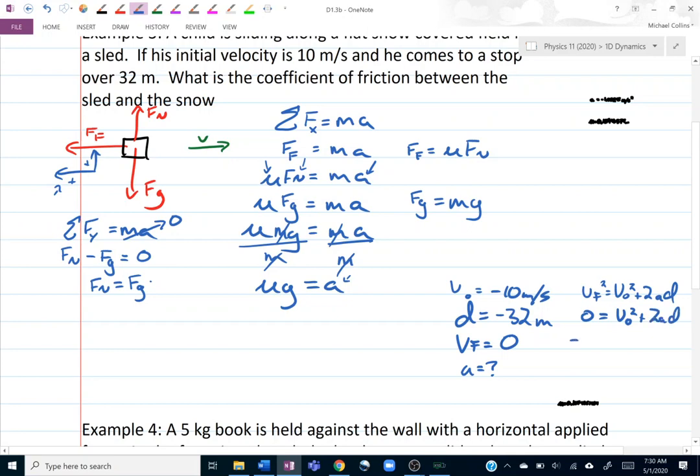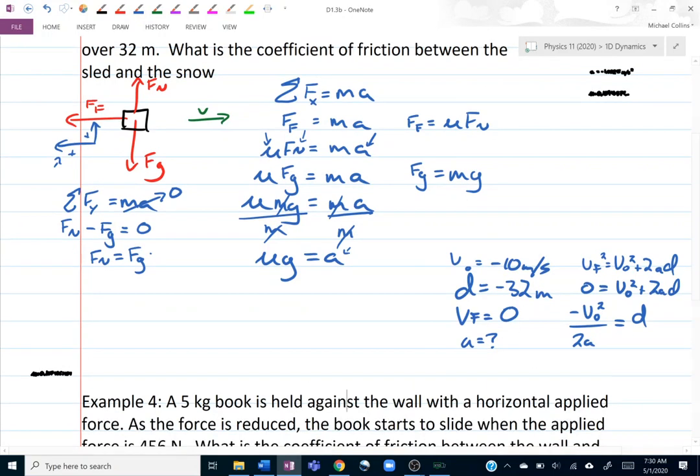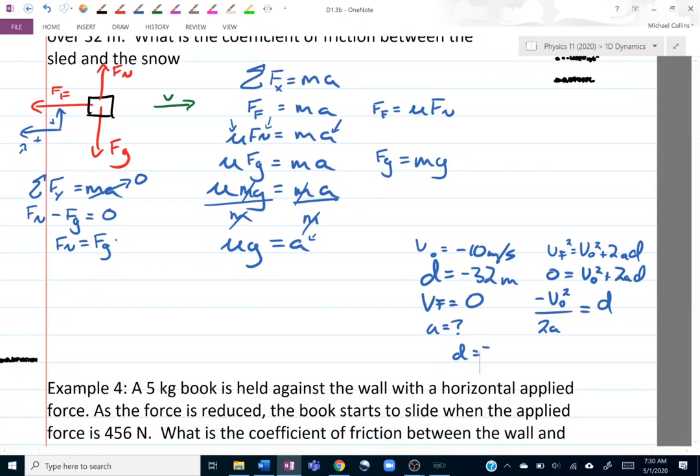If I algebraically rearrange this, I get a negative V naught squared divided by 2A is equal to D. And if I go ahead and substitute my numbers in, I get negative 10 squared divided by, oh, I made a mistake there.